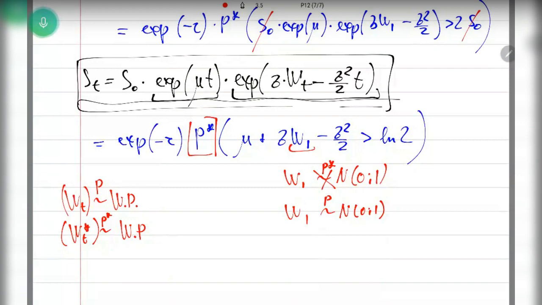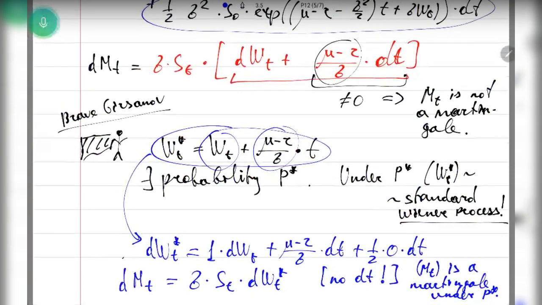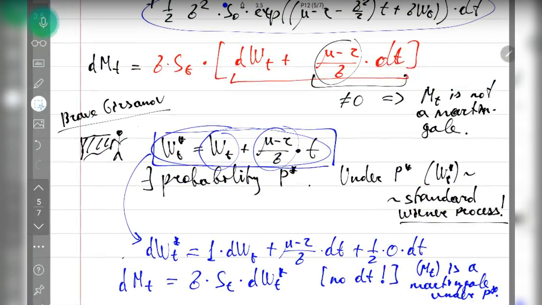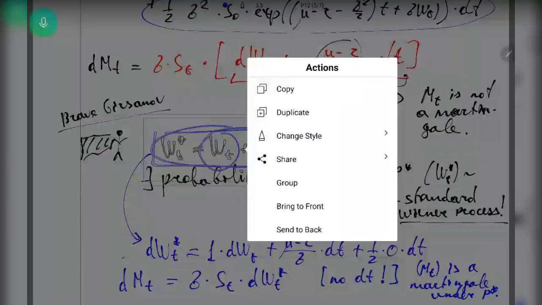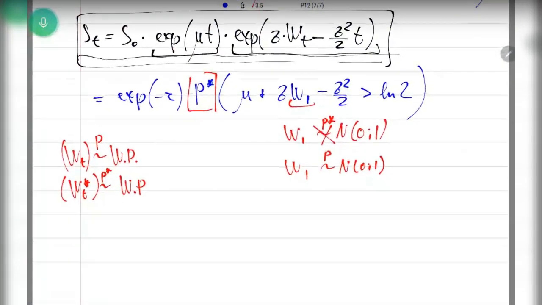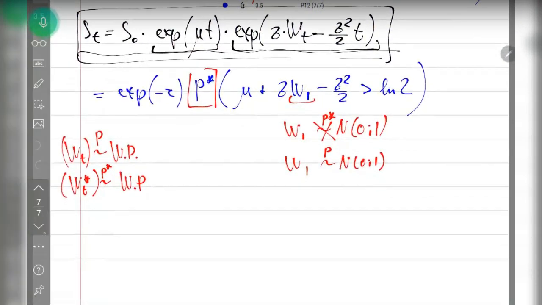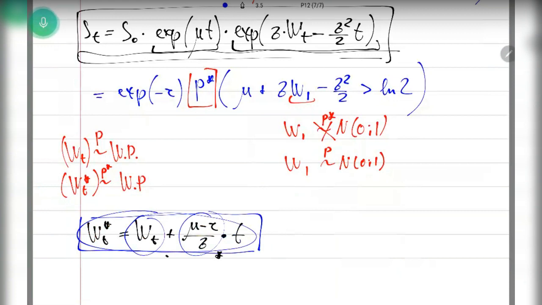But we have a brave Girsanov who says, "But we know how to go back." The brave Girsanov says, "Oh, that's easy. You can easily replace W_T by W_T star." So I use the formula from Girsanov theorem, and it says that W_1 star is W_1 plus (mu minus R) over sigma times 1.